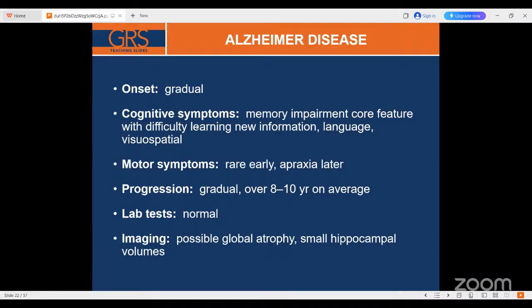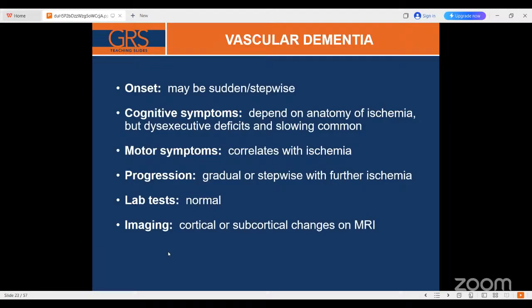It has gradual progression over 8 to 10 years on average. Lab tests are normal, but imaging usually shows possible global atrophy and small hippocampal volume, which is the main imaging finding in patients with Alzheimer's disease.